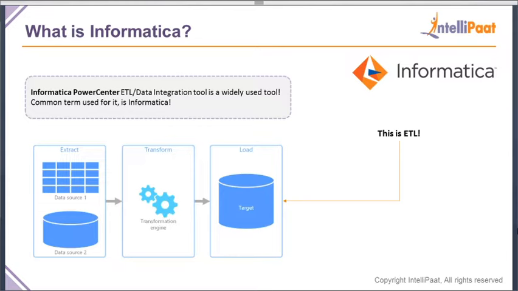After loading to the target, there should be a change, either less than the source data or greater than the source data. Based on that, we decide whether it's active or passive. If the row count from source to target is the same, it's called passive. If there is a change, it's called active transformation. These are the two categories we have. So any questions till now?